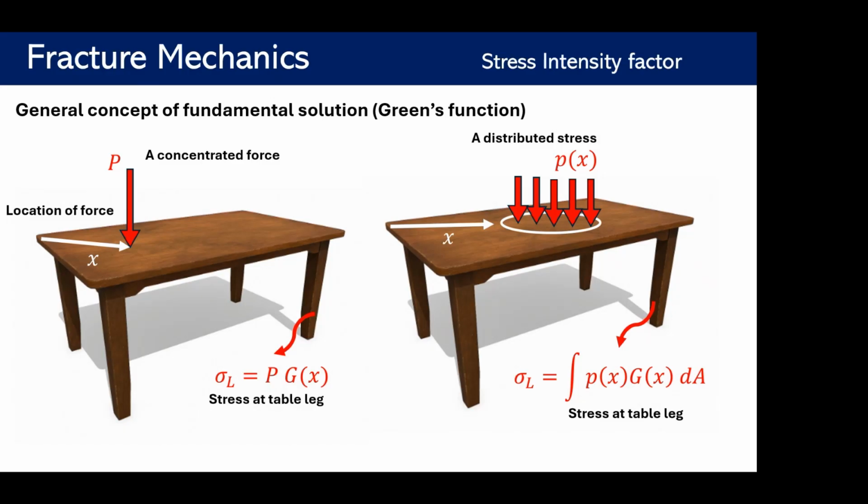Because if you have, for example, a distributed load on the table, then you can use the integration concept to find the stress at the table leg. Why can we use the integral? Because in the distributed load, each part of that distributed load has a contribution to the stress at the table leg, and we can sum those contributions as an integral. So we should consider the intensity of the P, and G is the fundamental solution, or Green's function.